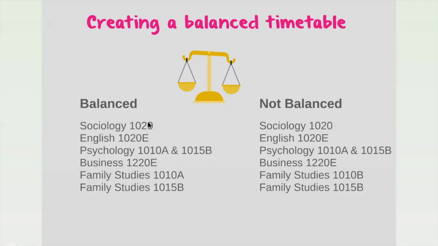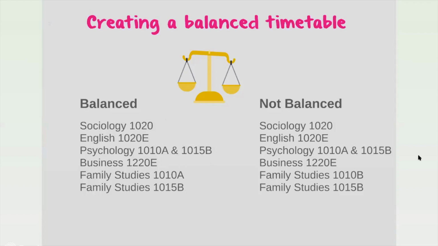So you can see that they have 1, 2, 3, 4, 5 in first term. We're counting these 2 first terms, and each of the full year courses are also in first term. And then in second term, because sociology, English, and business will be continuing, they'll have 1, 2, 3, and we'll count the Bs, 4, and 5.